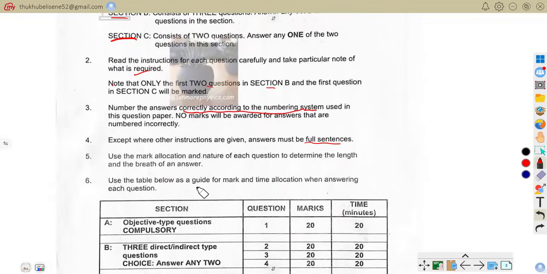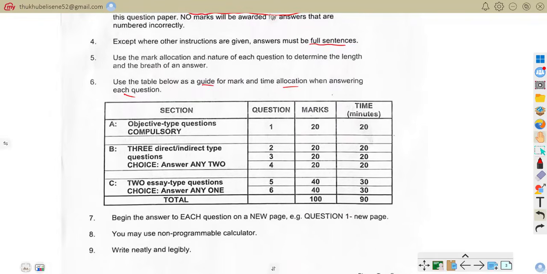Instruction number 6, use the table below as a guide for mark and time allocation when answering each question. So you just go through that table. Now we are on instruction number 7. Begin the answer to each question on a new page. For example, question 1 on a new page.